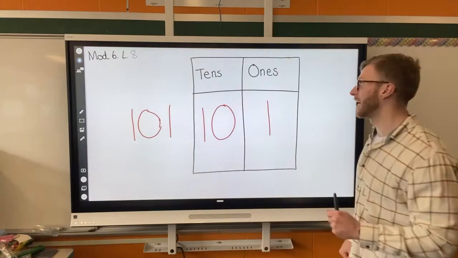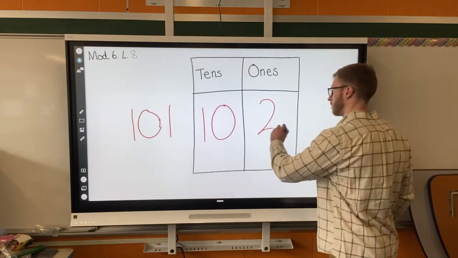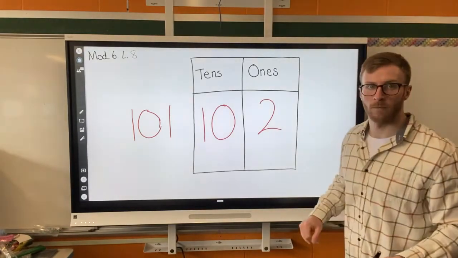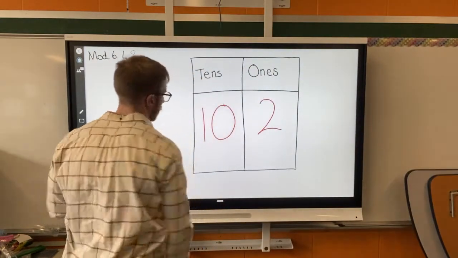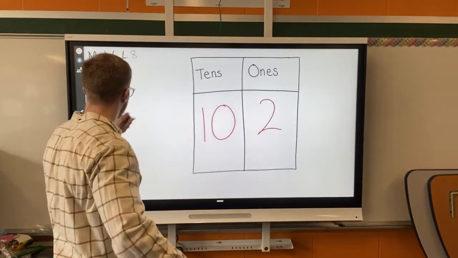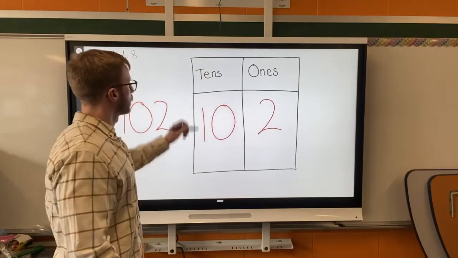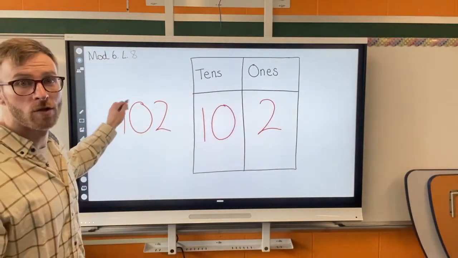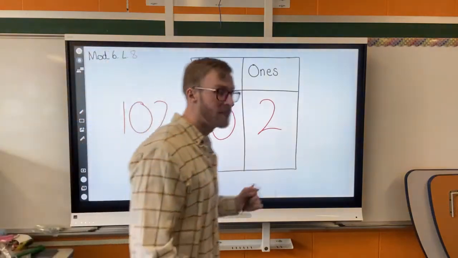Now, what if I want to have 2 ones? What's my number now? Well, I'm going to rewrite it. We got 10 tens and 2 ones, so the number is 102.